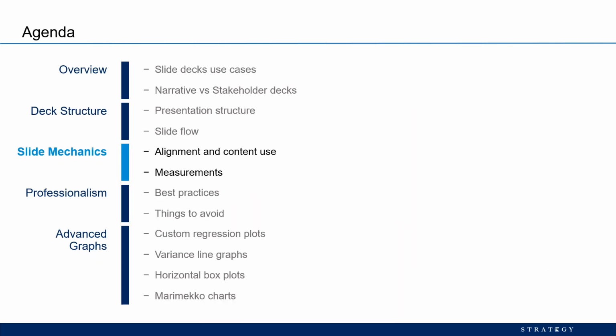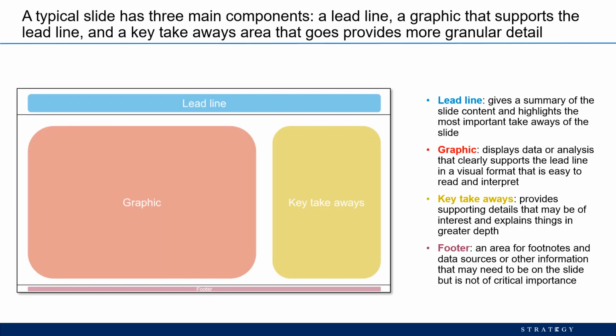Okay, now we're going to get into the more granular mechanics of slides and how to build out an individual slide. So most slides are divided into three main areas. A slide will have a lead line up on top. Then it'll have some kind of graphic which supports whatever the lead line says.